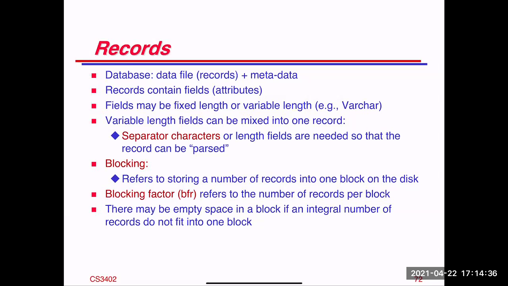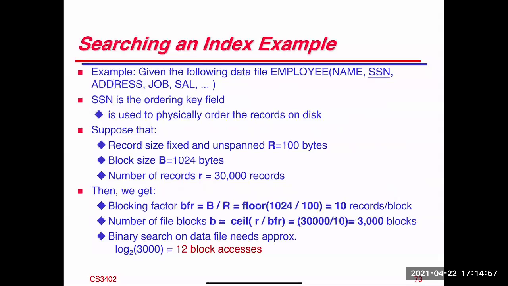So we had various ways of storing these records, right? So you can store them spanned or unspanned. And depending on which one you use, that gives you a different, especially if it's unspanned, you can calculate the blocking factor. So that's an important metric that you should remember.